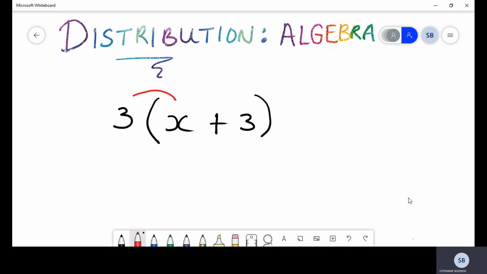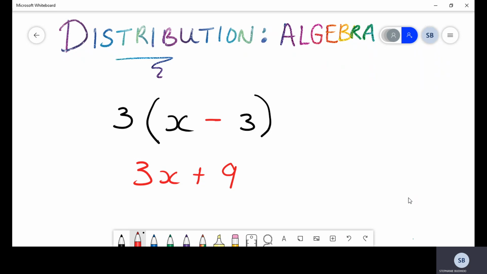So for example, this will be 3 multiplied by x gives us 3x, and also 3 multiplied by positive 3, that's positive 9. The next example involves a change of sign.